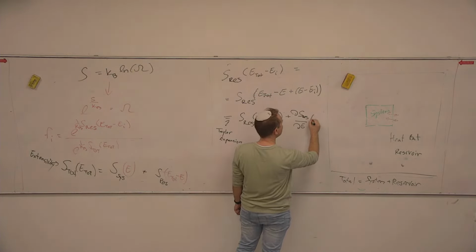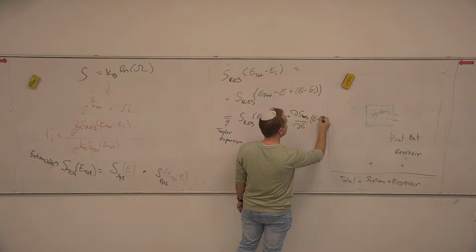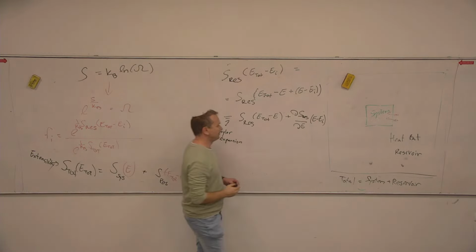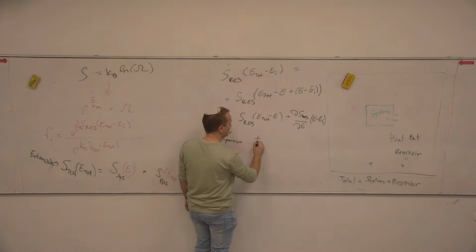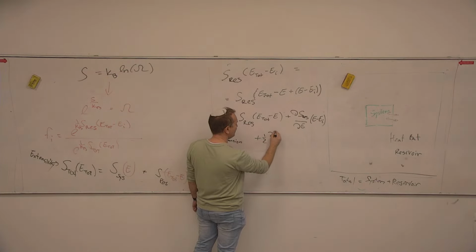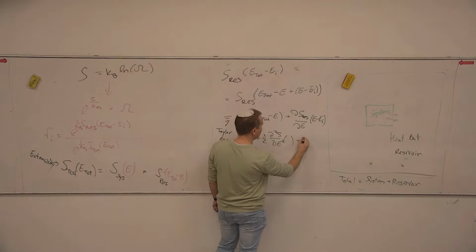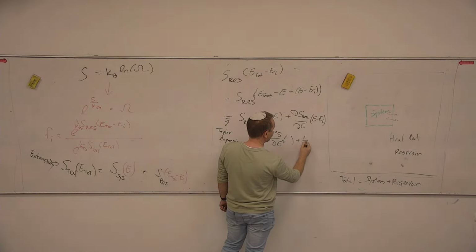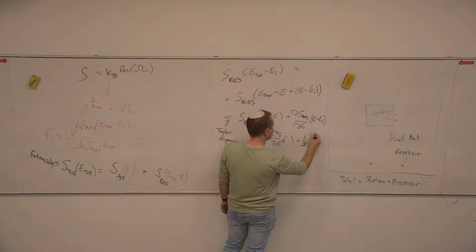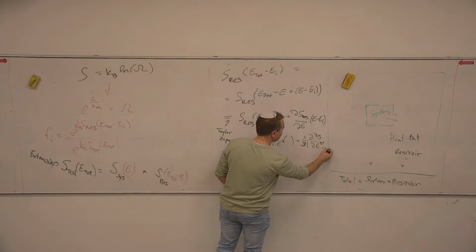And here I have one half d squared S over dE squared, plus one over 3 factorial d cubed S over dE cubed, etc., etc.